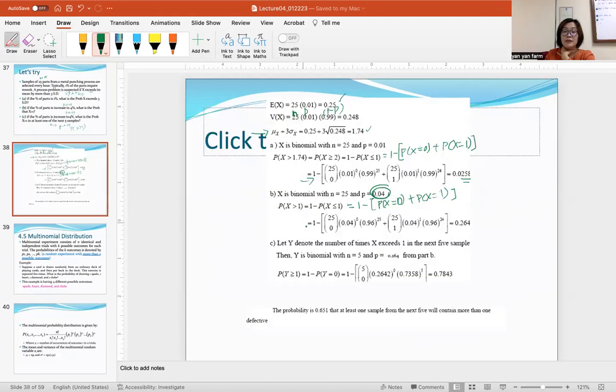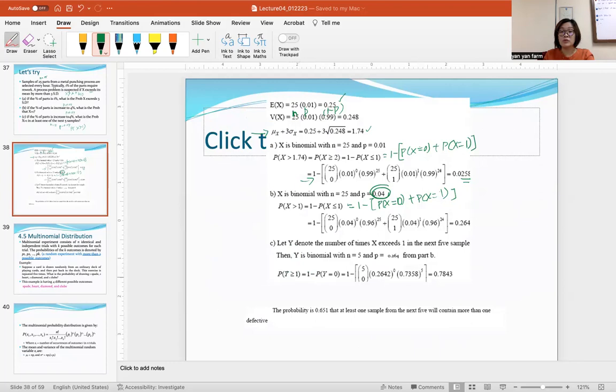Okay, so next I look at this. If you look at this, we no longer use X because the sample size is different, it's no longer 25. Therefore, we try to use another one to represent it.